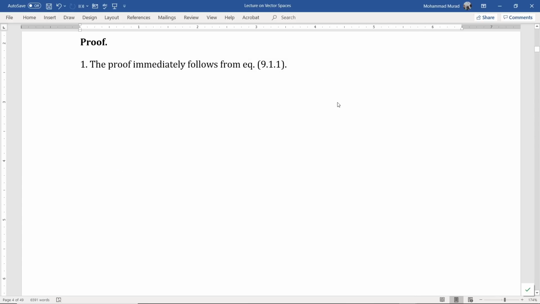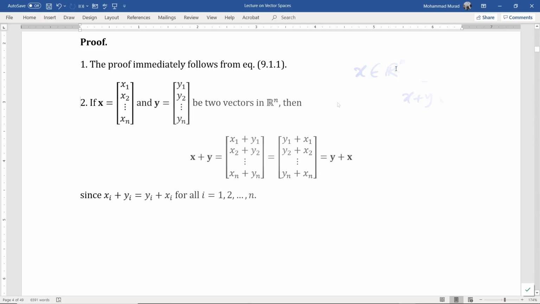Let's try to prove some of these properties. The proof of property 1, namely, if x is taken from Rn and y is a vector in Rn, then their sum is also in Rn. The proof of this property immediately follows from the definition of the vector addition.